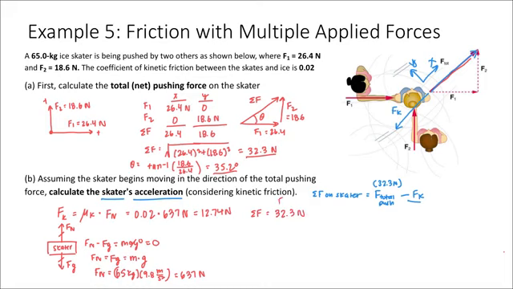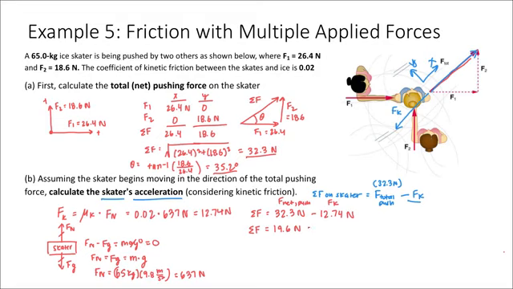Remember, that's my F net from earlier, from the pushing only, not including friction, minus this frictional force. And this is my F sub k. So that means that the net force on the skater with friction will be equal to 19.6 newtons. That's how much is left over, essentially, once we account for friction.